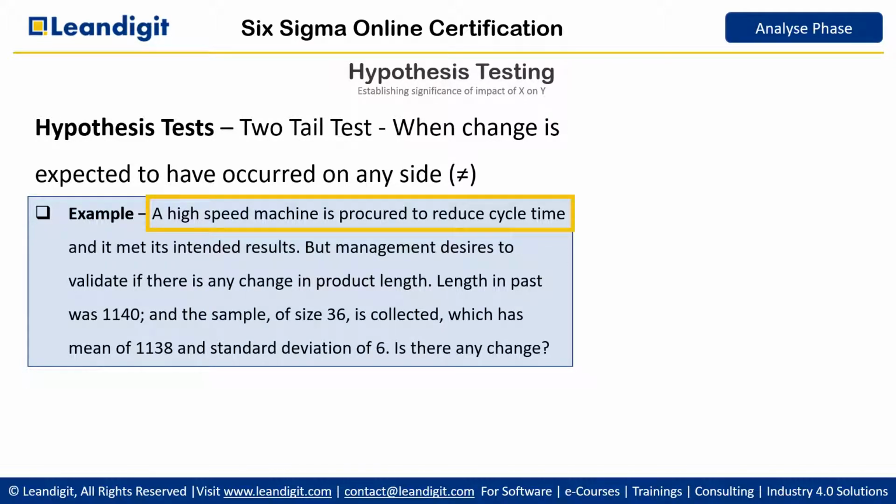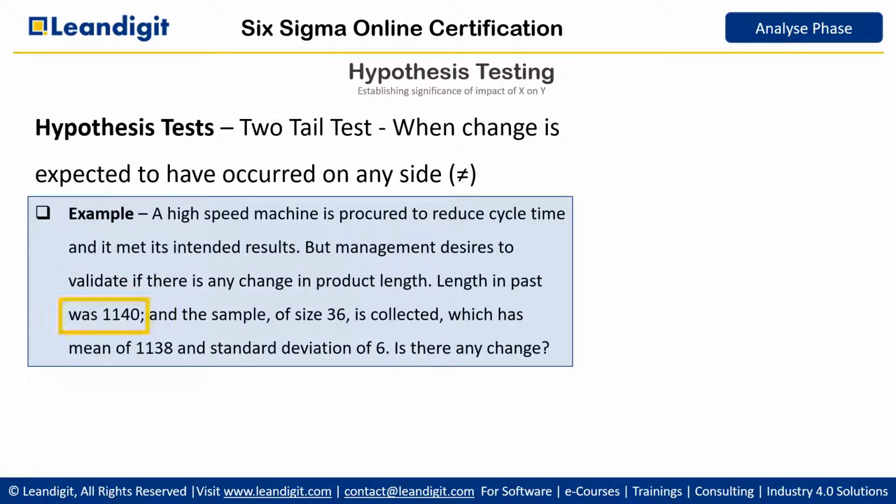While it is statistically proven that intended results are met, management is worried that product length should not change. It should neither increase nor decrease, and they wanted to validate if there is any change in product length, and therefore it is a two-tail test, neither increase nor decrease.